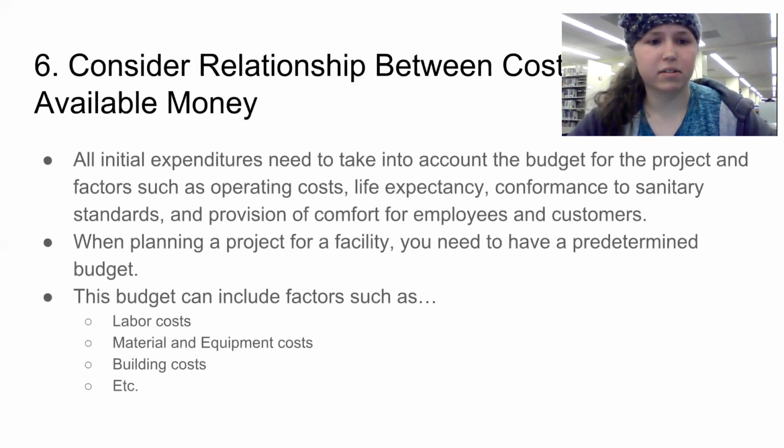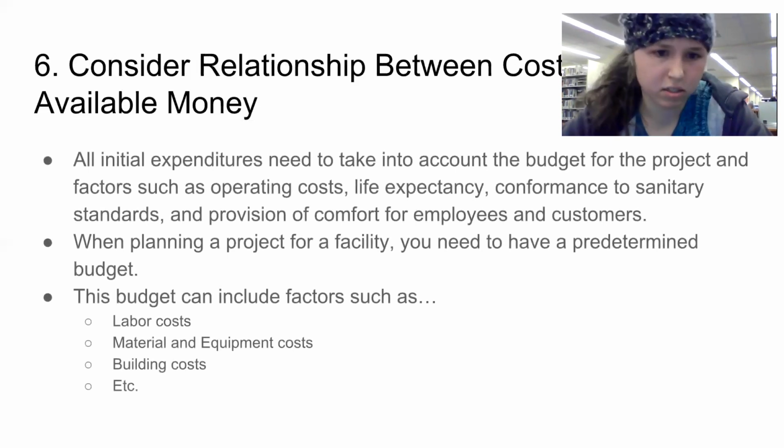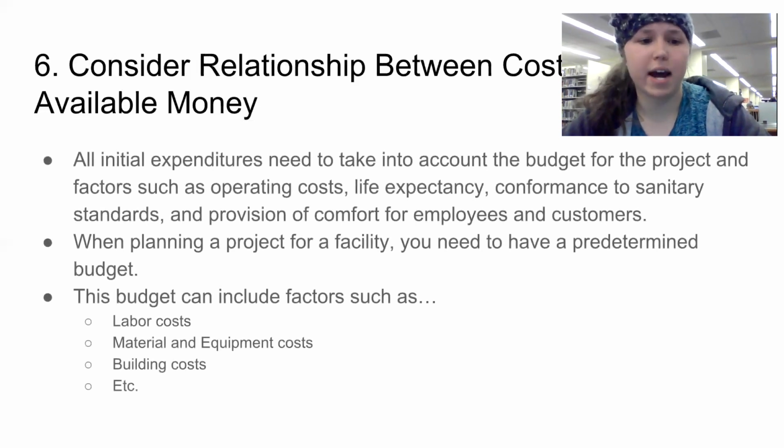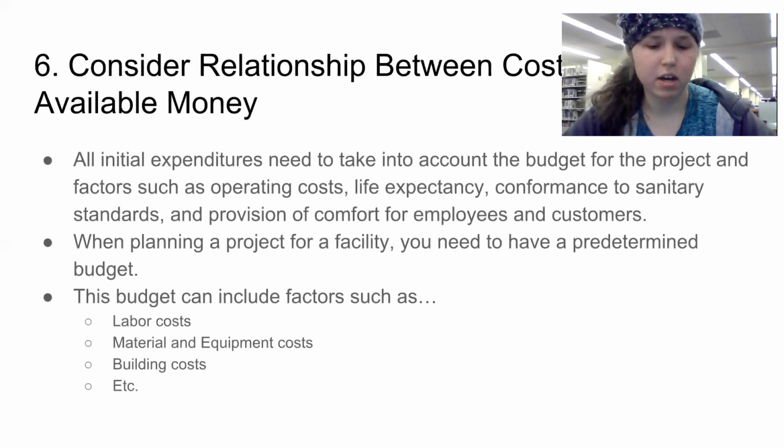You want to consider sanitary standards and provision of comfort for the employees and customers. When planning a project for a facility, you need to have a predetermined budget. This can include things like I've mentioned above, like labor costs, cost of material and equipment, building costs, etc. All the things that go into planning a budget.